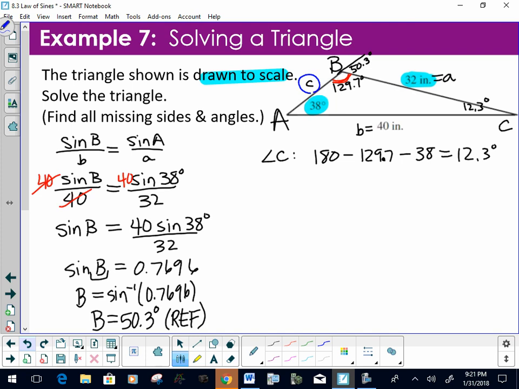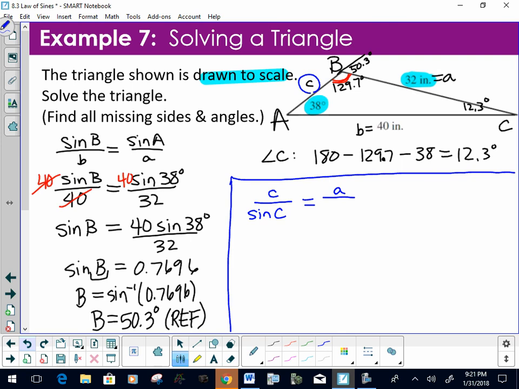Remember, when you're setting up your formula, you want to put the thing that you're trying to find on top. So we'll put side C on top, and we'll put those angles on the bottom, sine of angle C. And I'm going to go ahead and go back to the A's now to help me out, because I know both of those. I know side A and I know angle A. So this time the sines of the angles are in the denominators.